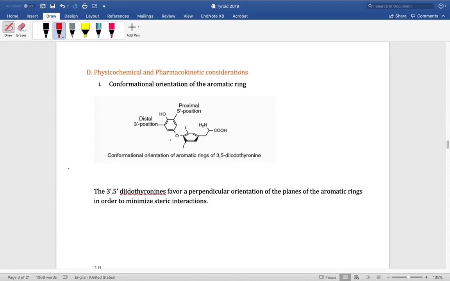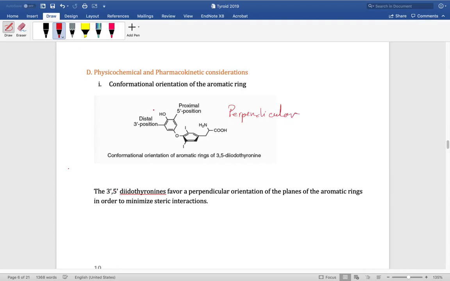Now, when you have the 5' and the 3' position that are both substituted with iodine, and you have the ring in this particular structure here, the best conformation for those two rings is to be in a perpendicular arrangement to each other.